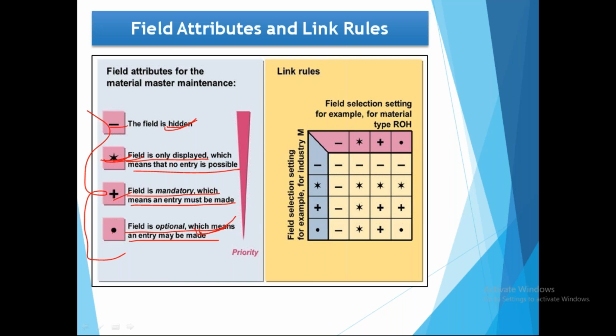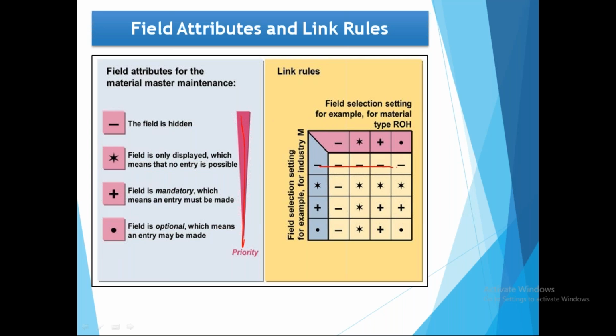Suppose for the field selection for raw material, ROH, you have a different setting, and for industry sector, the same field selection, you have a different setting. So now which one has to take the priority? The system will always take priority from left to right.